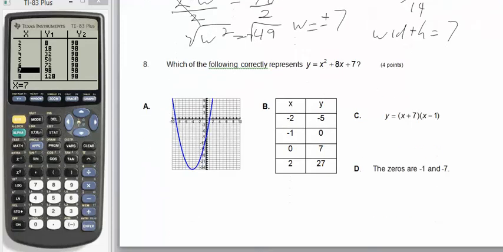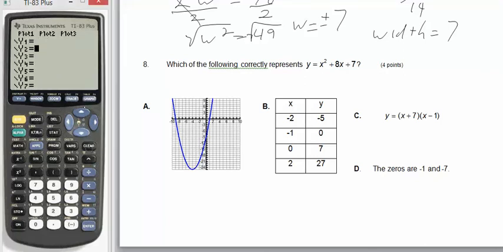All right, last one on this one. Which of the following correctly represents y equals x squared plus 8x plus 7? Well, just plug in the calculator. X squared plus 8x plus 7. And just look at the graph.